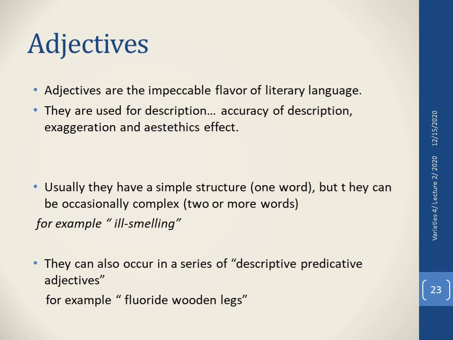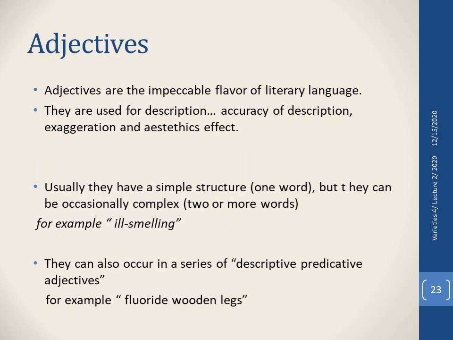Now let's move to adjectives. Adjectives are the amicable flavor of literary language. They are used for description, accuracy of description, of course, exaggeration, and aesthetic effect. Usually they have a simple structure, one word, but they can also occasionally be complex, two or more words. For example, ill smelling.